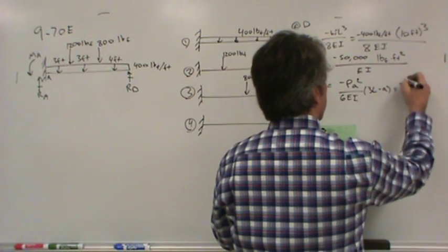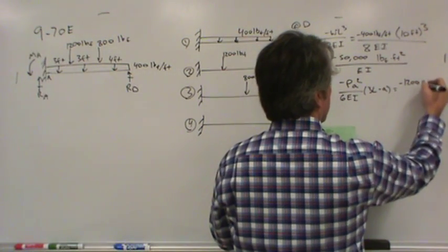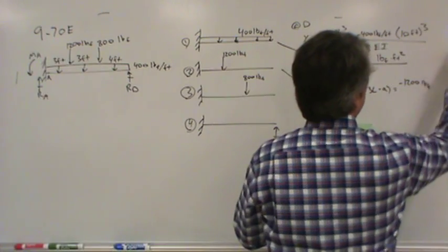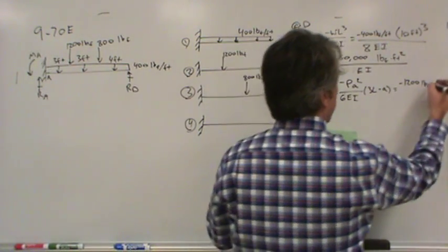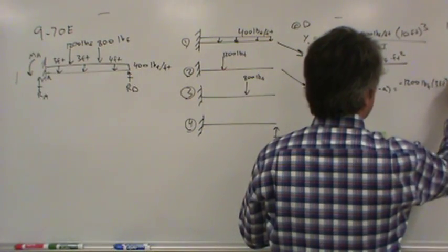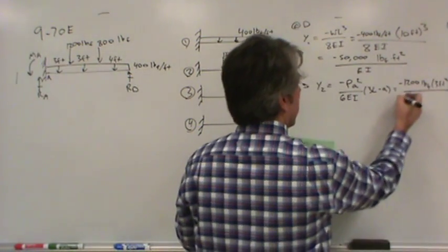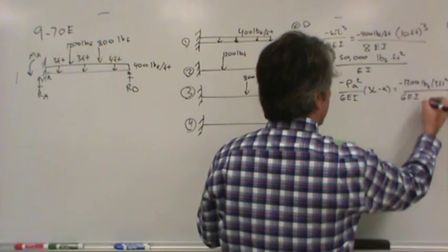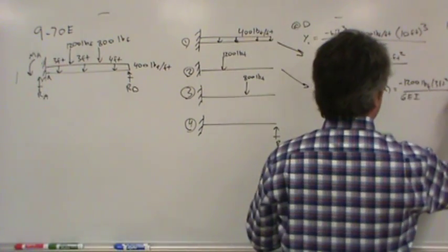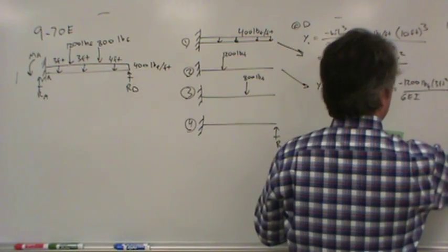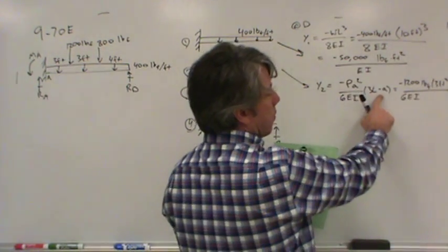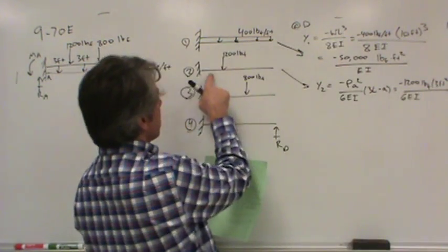So let's see, here we go. 1,200 pounds force. I hope I don't run too far off the video here. A, again, is 3 feet. It has to be squared, divided by 6EI. And this will be 3 times L, which is 10 feet, minus A, and A again is this distance here.